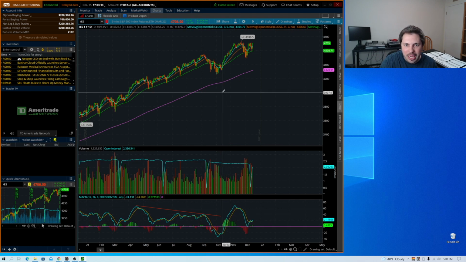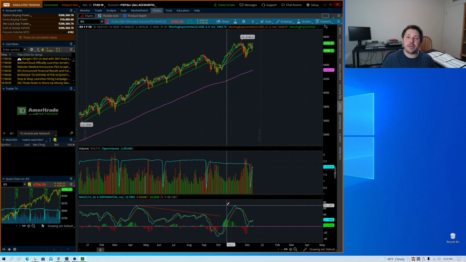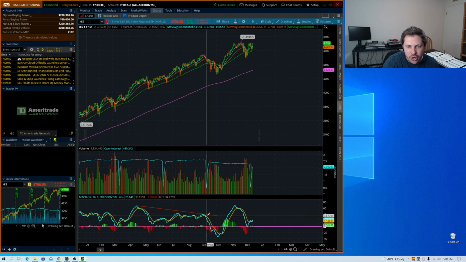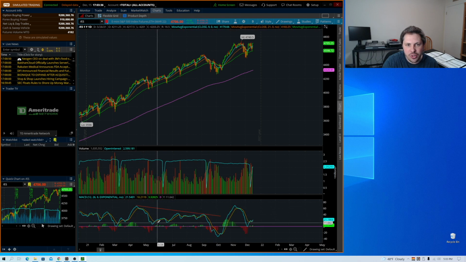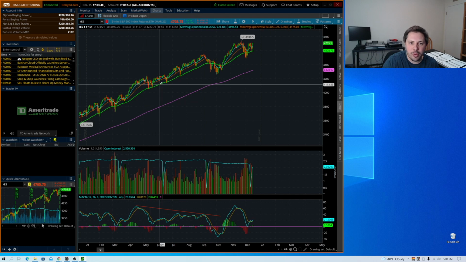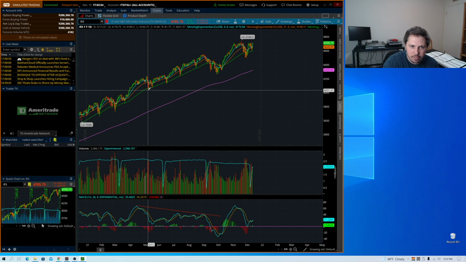But remember, this is lagging, right? But one of the interesting things, and one of the most powerful things about the moving average convergence divergence, is this right here, right? Where I've drawn this slope, and we can see that the peak here, where this has started to decrease, right? It's not making new highs, it's actually decreasing, and it's sold off here, and now it's kind of bounced off of this moving average, and the trend is continuing higher, and that's where we would actually see the convergence here.